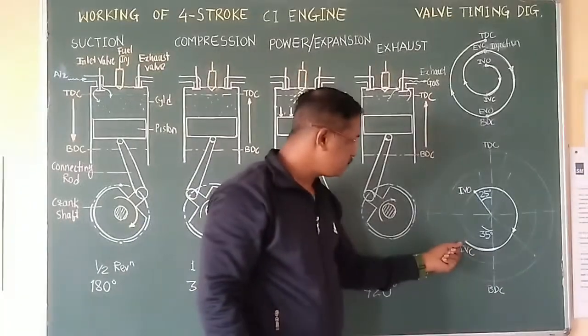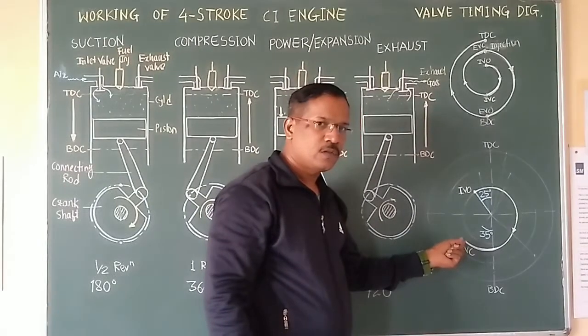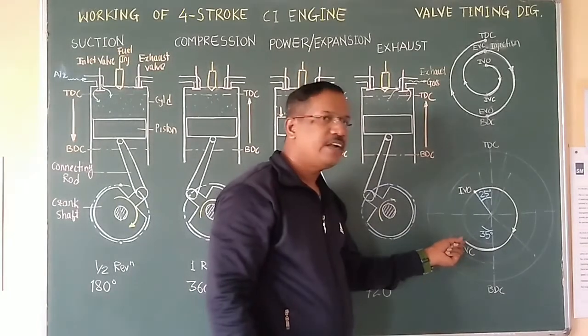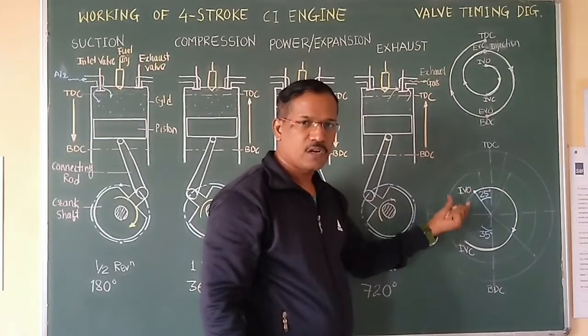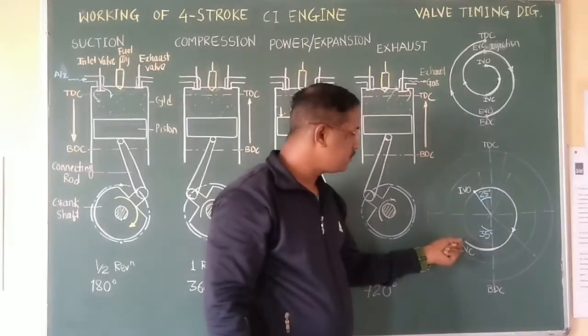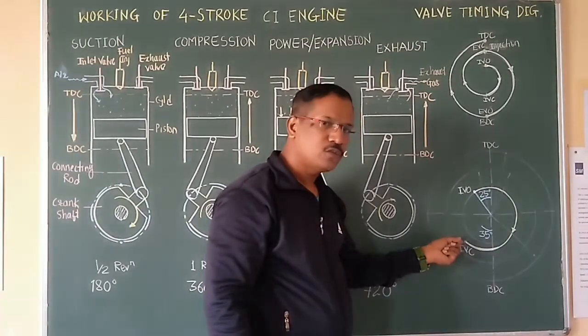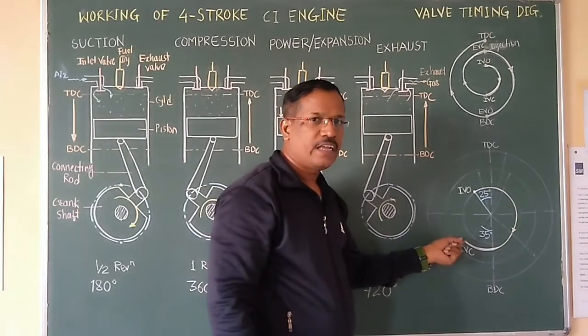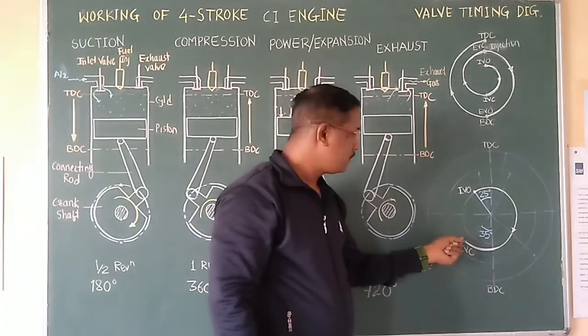As soon as the inlet valve gets closed, the air gets entrapped, because the valves are closed and the piston has reached this point where the inlet valve gets closed, so the air gets entrapped. It can't move out now.